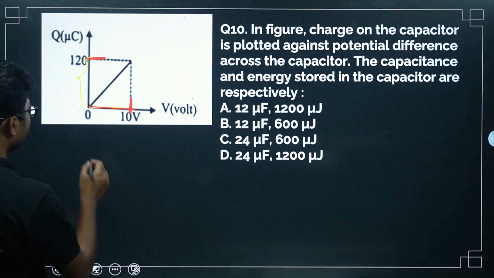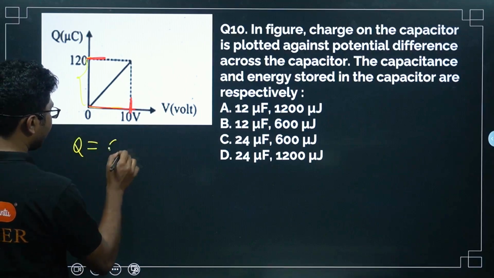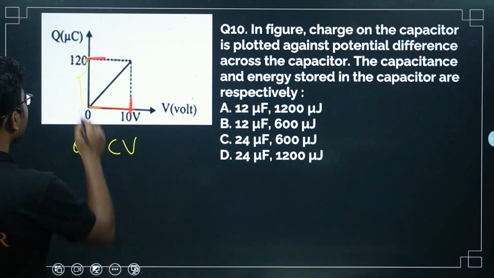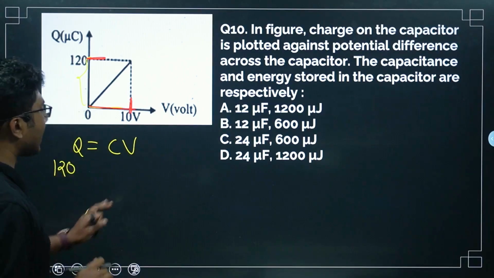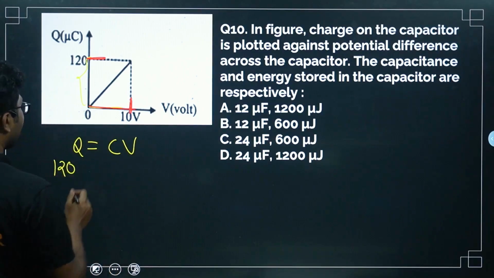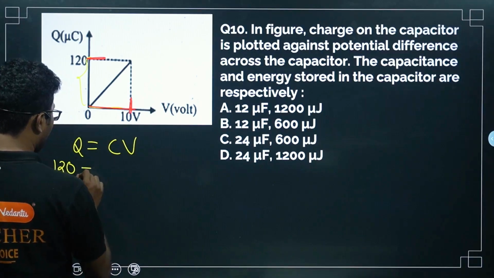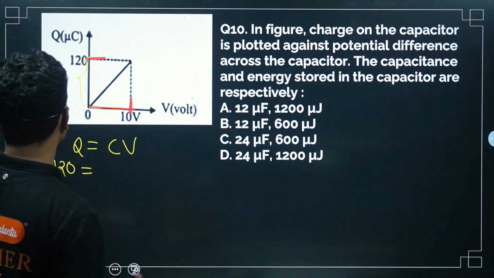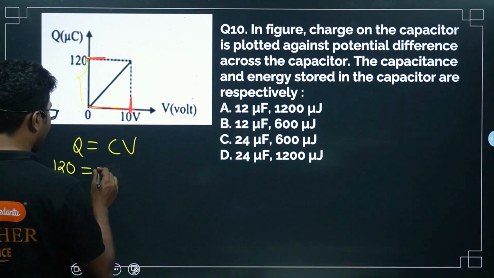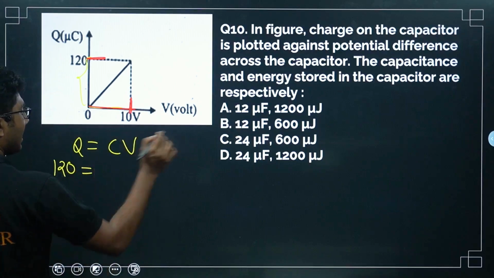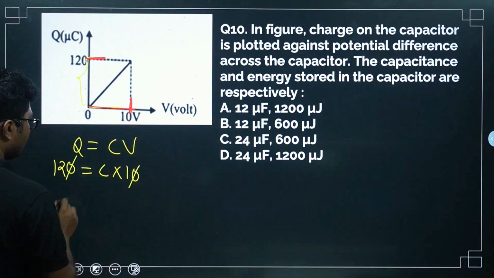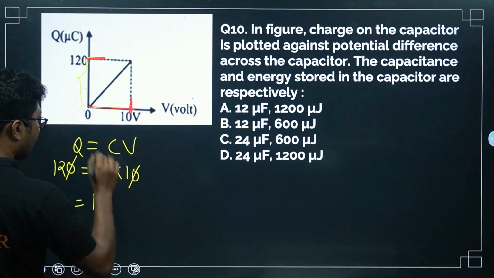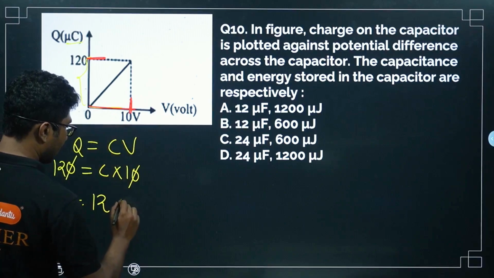Now capacitance, we know that Q equals CV, right? Q is 120 micro. I am not breaking the micro because that may or may not cancel, but for capacitance it is well possible that it is microfarad. So 120 I am keeping here. C we are trying to calculate, voltage is 10 volt. So C is basically 12. Since it was microcoulomb, it will be microfarad.